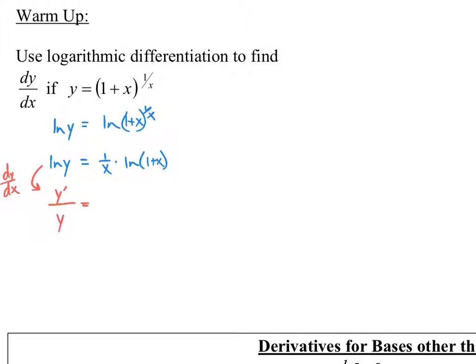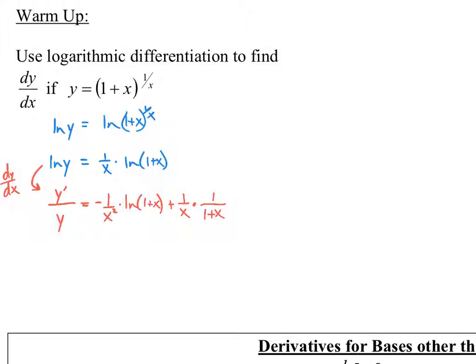Okay, so the derivative of the first is negative 1 over x squared times ln of 1 plus x plus the first, 1 over x, times the derivative of the second. So the derivative of the second is 1 over 1 plus x. Okay, so there's my product rule.